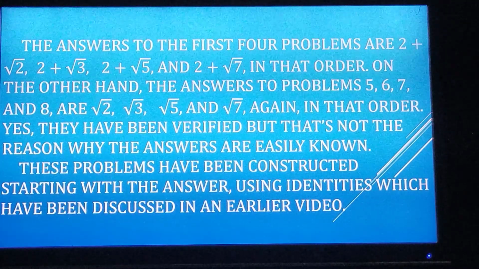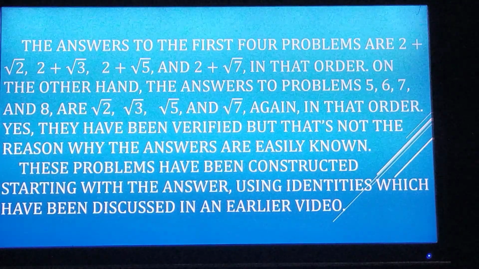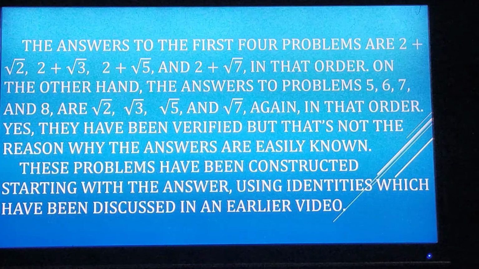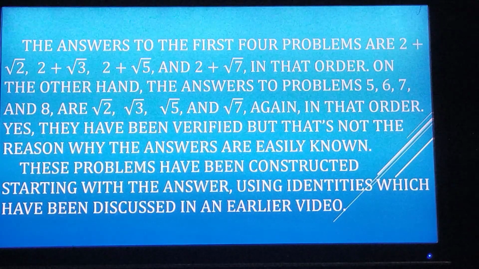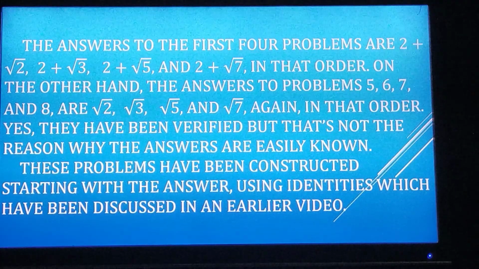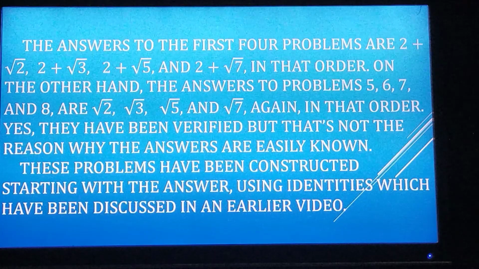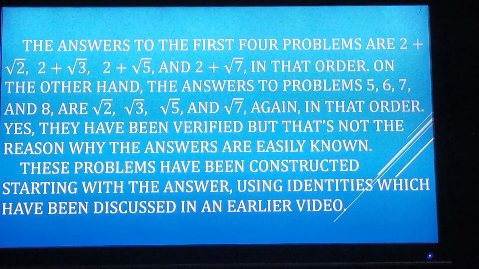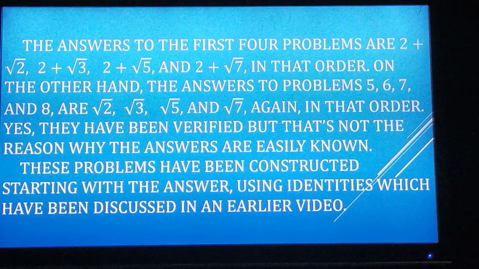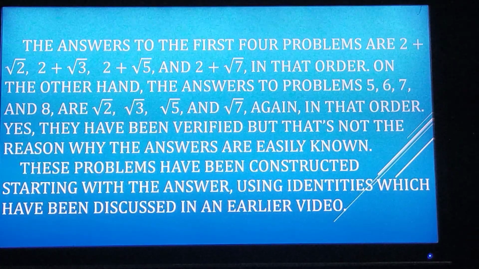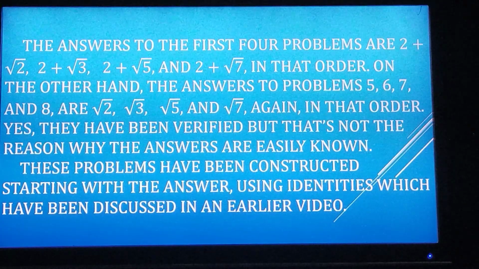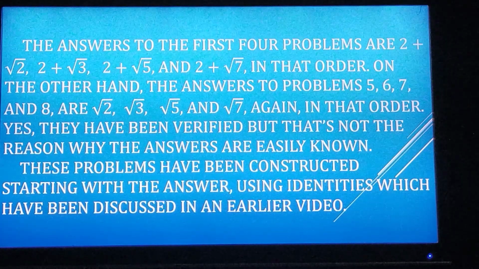The answers to the first 4 problems are 2 plus square root of 2, 2 plus square root of 3, 2 plus square root of 5, and 2 plus square root of 7, in that order. On the other hand, the answers to problems 5, 6, 7 and 8 are square root of 2, square root of 3, square root of 5, and square root of 7, again in that order.